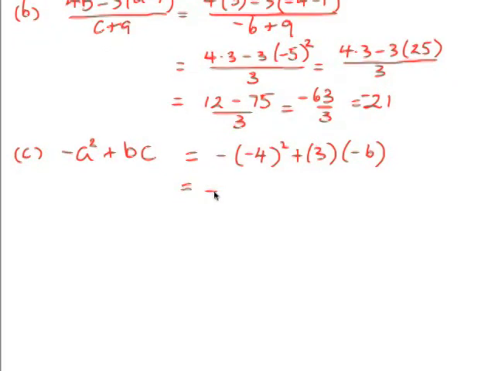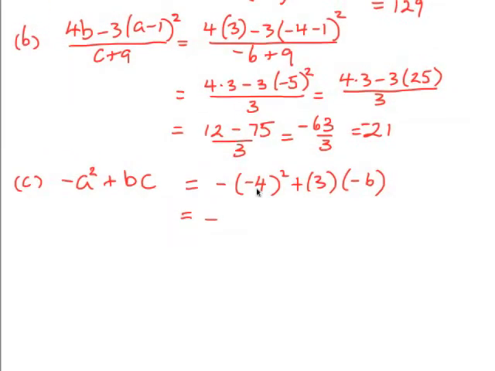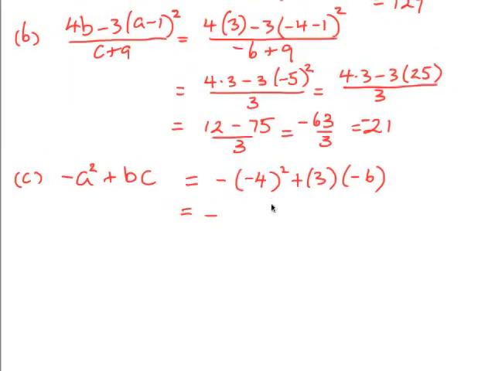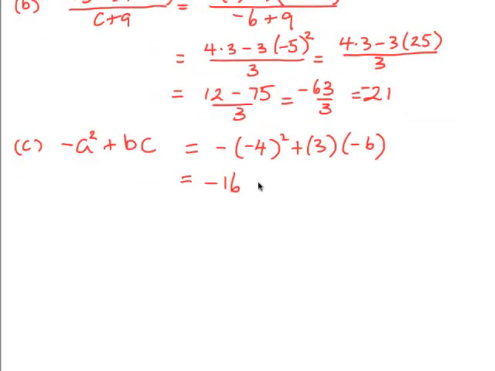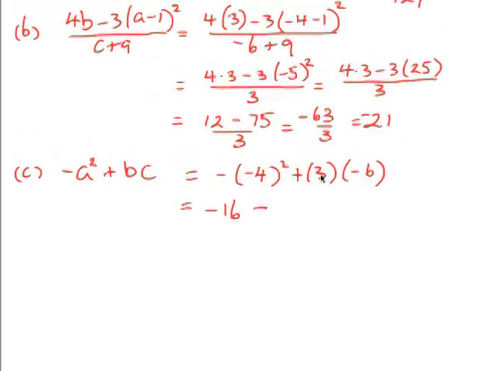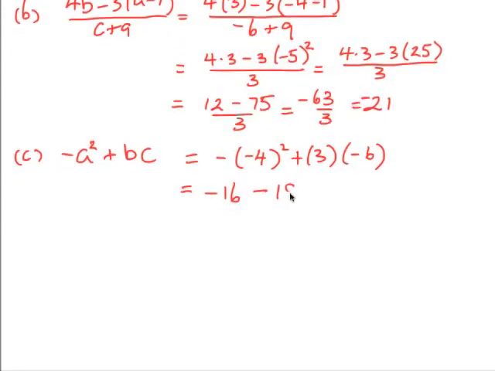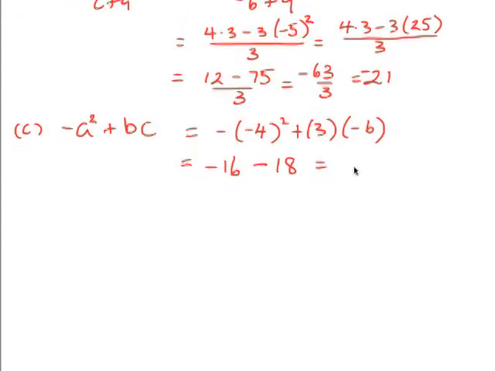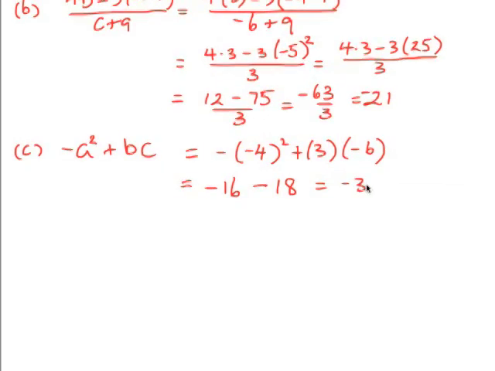Now here, of course, we'll have a negative. Powers first, -4 squared is -4 by -4 is 16. And of course, now we have 3 times -6, which is -18, so I end up with negative 34.